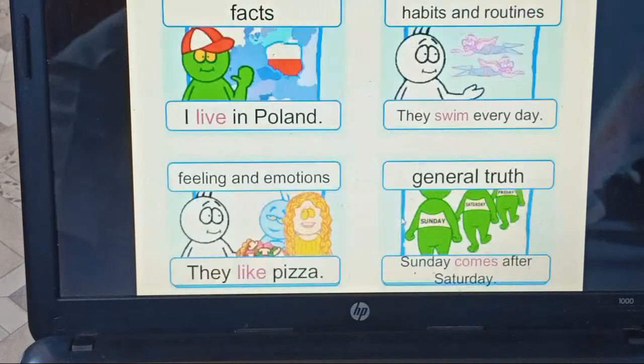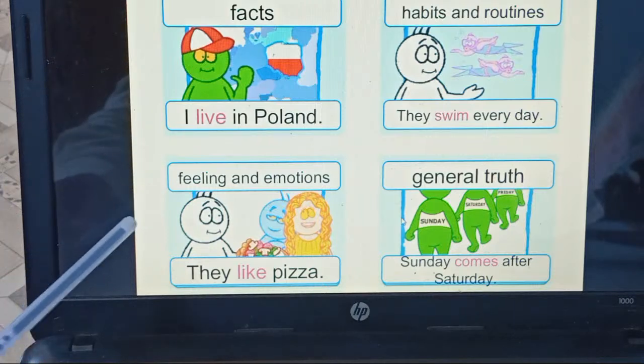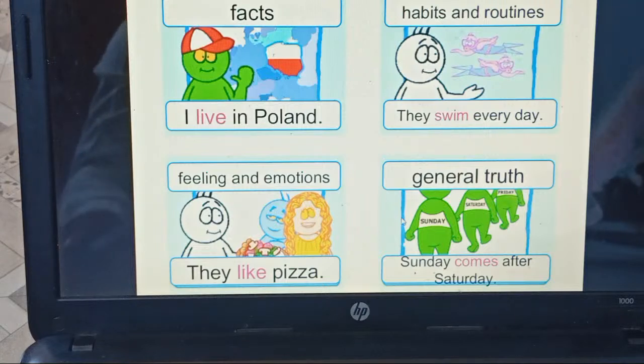Okay, so here just look at facts. When you're talking about facts, I live in Poland. Okay, feelings and emotions. They like pizza. They like pizza. I live in Poland. I live in Poland.